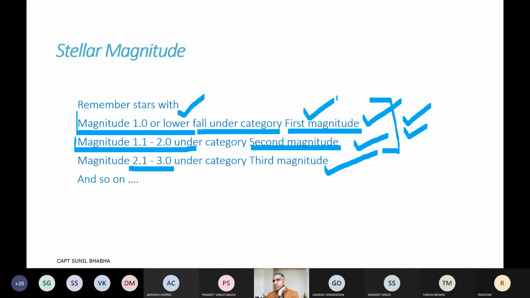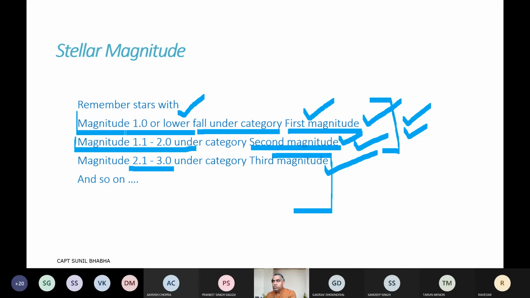And in case you have a cloudy sky or not too many stars are visible to you because of any reason, then if a second magnitude star is available to you, then that too can be used. We avoid taking sights with stars which are fainter than second magnitude.